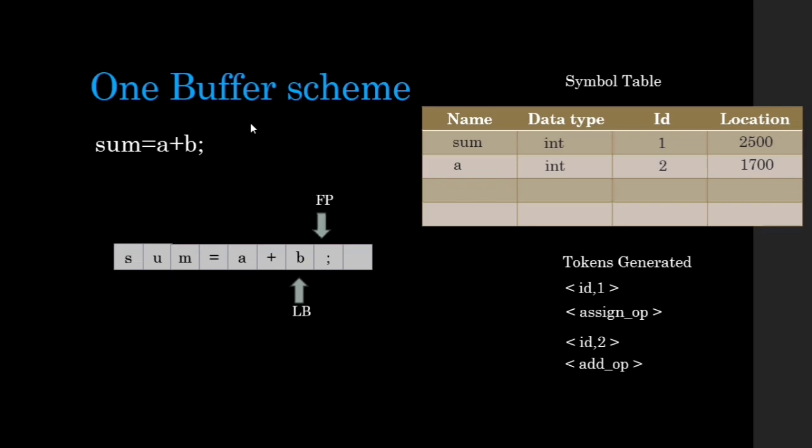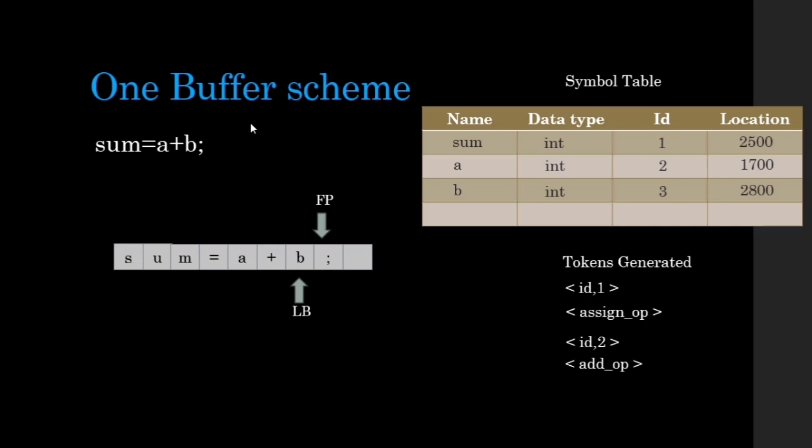Semicolon is not part of the B lexeme. So B will be searched in the symbol table to see whether an entry has been made. Since the entry has not been made, B will be entered in the symbol table and its location is given as 2800. All these locations are hypothetical memory locations.